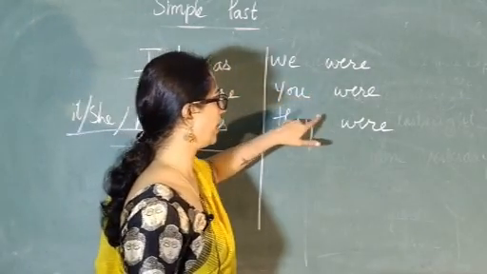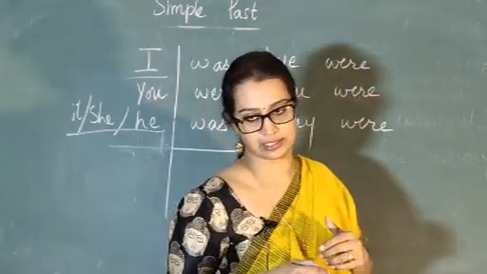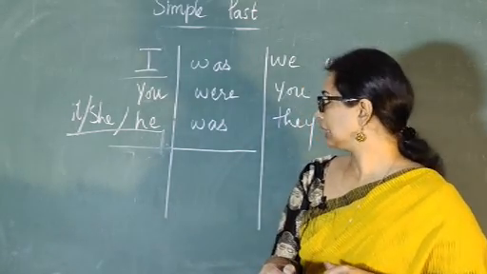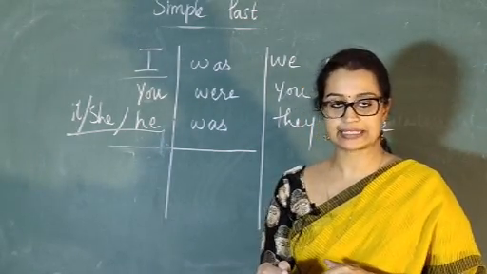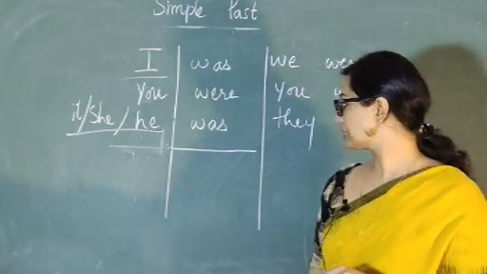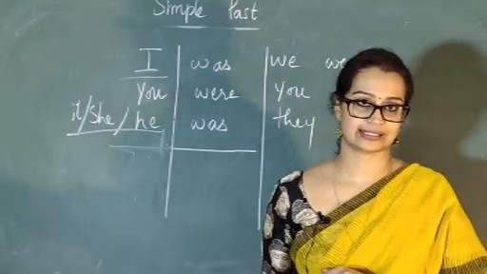We were, you were, they were. Okay. I was present. You were present. He was present, she was present, it was present. We were present, you were present, they were present. As of simple past tense.